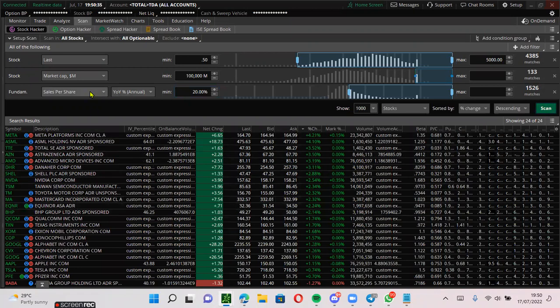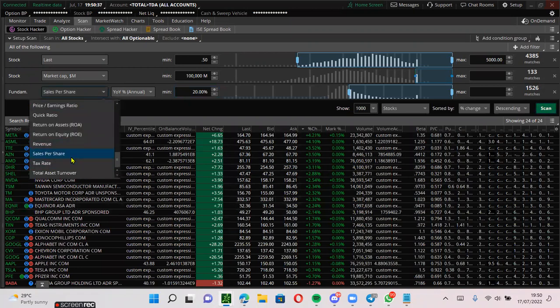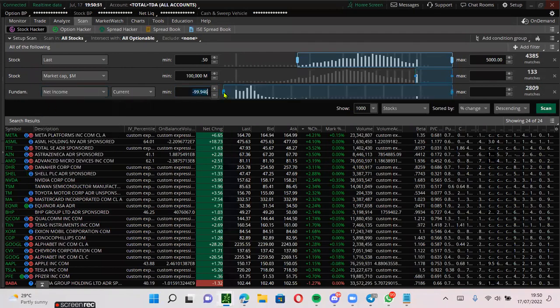They had better sales. And net income, I wanted to see how they did on net income. On price to earnings ratio, this is also another good one. Price earnings, net income. So say they grew by 20%. Current.